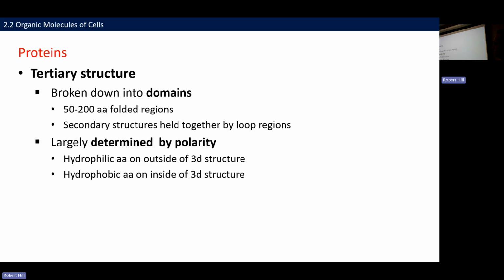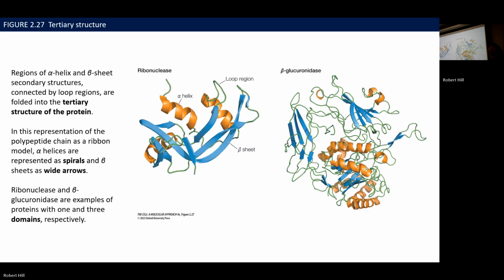They are determined by polarity largely, right? So domains that are very hydrophilic are going to be on the exterior of the protein, and domains that are hydrophobic will be on the interior. Right, here's a good example of ribonuclease. You can see ribonuclease has these ribbons that are going through it. Those are indicating the beta sheets and the alpha helices.